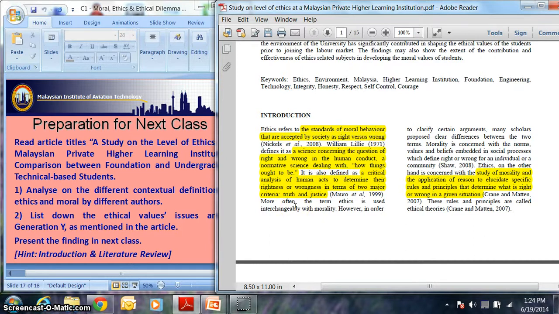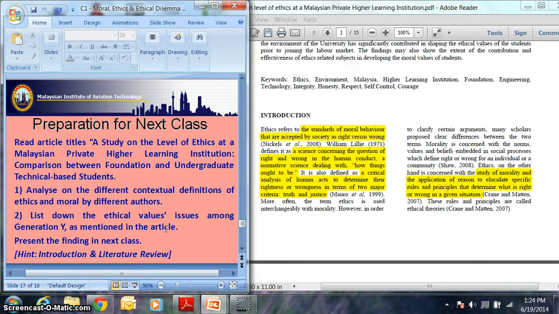For example, as a student, you have to wear a white uniform to go to class for lecture or tutorial sessions. But it is different if you have practical sessions, you have to wear an overall or blue jacket. That is the ethical conduct as a student.